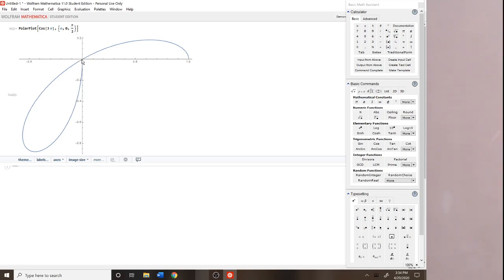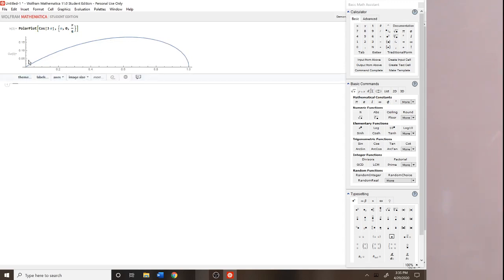I just want to get to here. So yeah, pi over 6, because I'm multiplying it by 3, right? So now you see I get just that portion. So if I integrate from 0 to pi over 6, I'll pick up this piece. And if I multiply that by 2, that'll give me one petal.